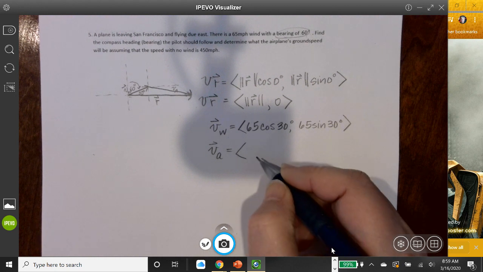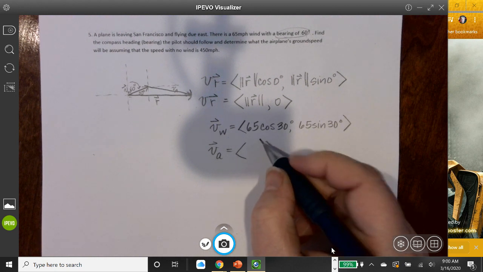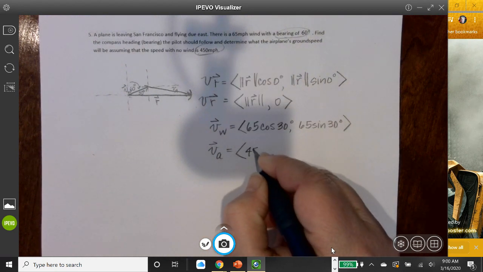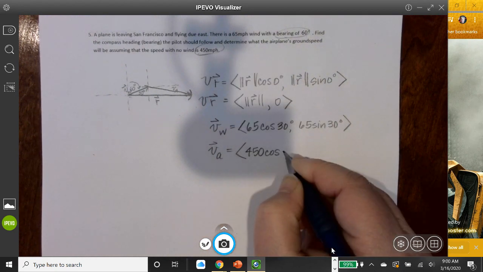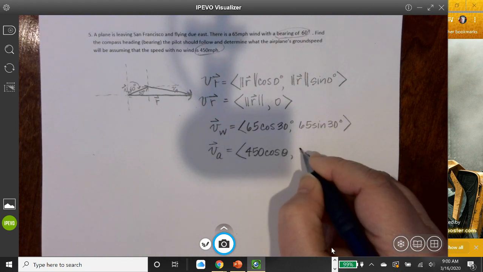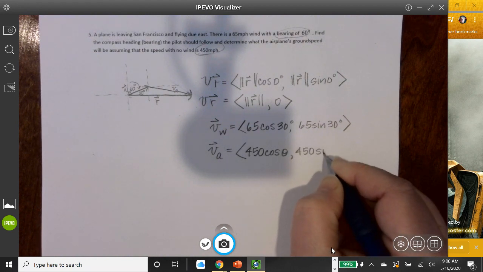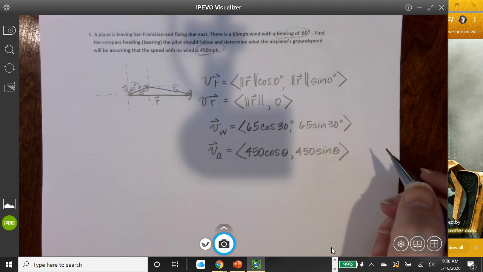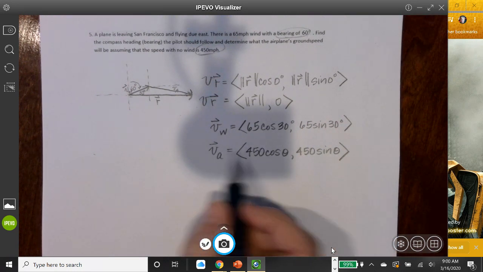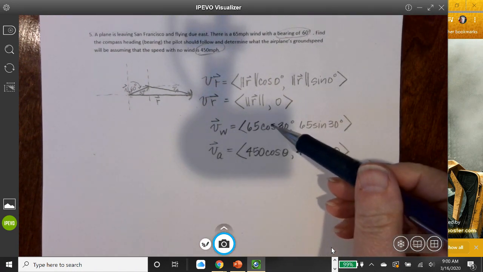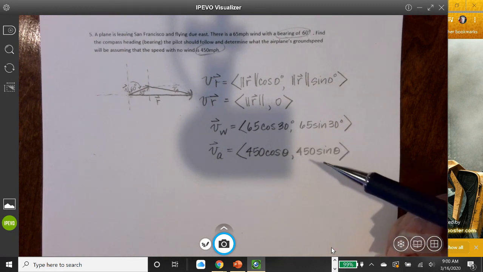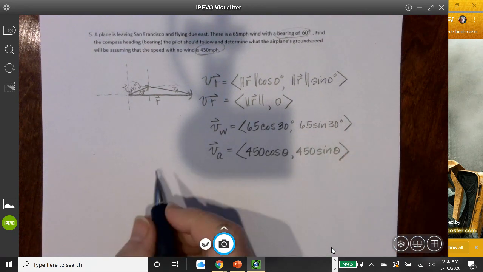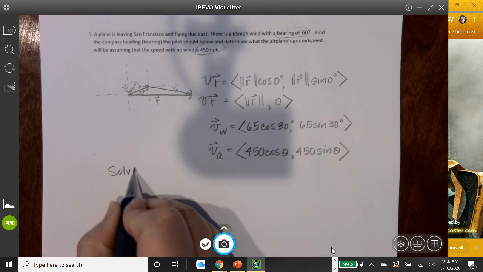Well, we know that with no wind, its magnitude is 450. So we know it's 450 times the cosine of theta, because we don't know what its theta is. And then 450 times the sine of theta. Okay, well, but what do I know? I know that this x plus this x has to equal the magnitude, and this y plus this y has to equal 0. So we're going to solve for the y component first.